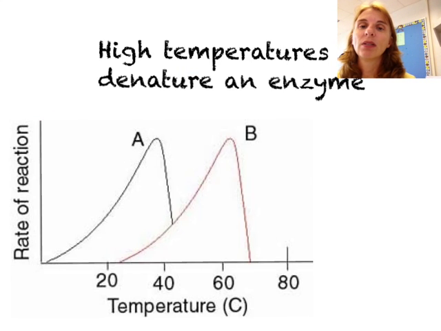Another thing you can do to make a protein stop working, or to denature an enzyme, is to heat it up. If you think about cooking a steak, once you've cooked the steak, you can't uncook it. Same thing with cooking an enzyme. Once you heat it up too high, those bonds get stuck forever, and so you can't easily make them work the same way that they were supposed to.